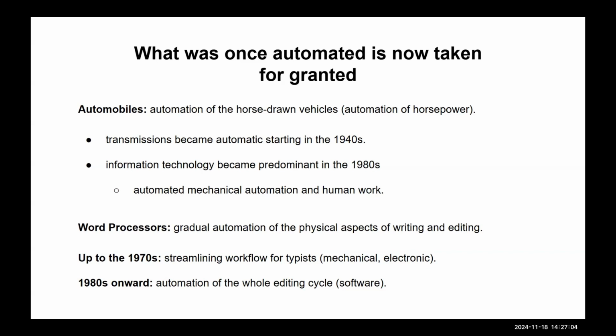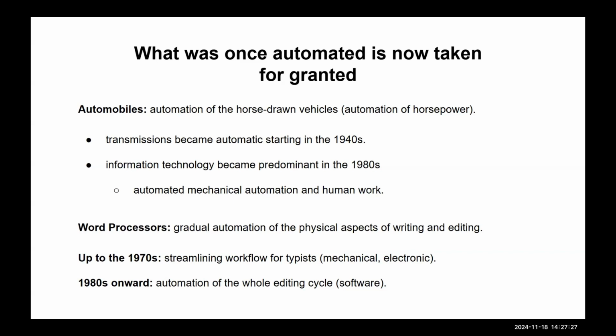Word processors are another example. Word processors are the gradual automation of physical aspects of writing and editing. In the 19th century, people used mechanical typewriters in the latter half, but in the earlier part of the 19th century they wrote with a pen, which was very non-automated.